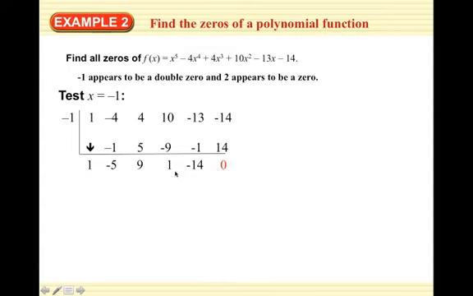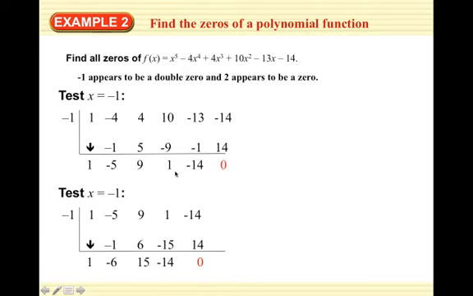So we're going to send that -1 back through, but we're going to use these quotient values in our top line. So we bring down the 1, times -1 is -1, -5 plus -1 is -6, times -1 is +6, add that to 9 to get 15, times -1 is -15, 1 plus -15 is -14, times -1 is +14, and we get 0.